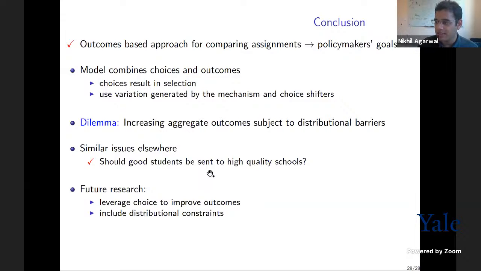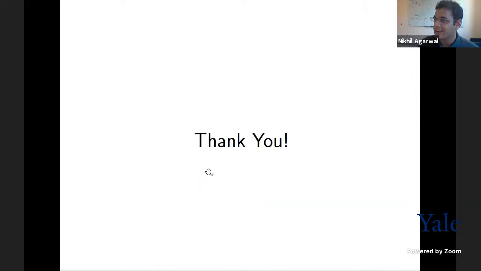And it may be important to understand the consequences of doing so in order to think about how to advise a school district. So in future research, it'd be interesting to leverage the choice itself to improve outcomes. Here we've compared alternative assignments, and it would be interesting to explicitly include these distributional constraints in thinking about which assignments make a lot of sense. So that's it, and we have a little bit of time for questions.